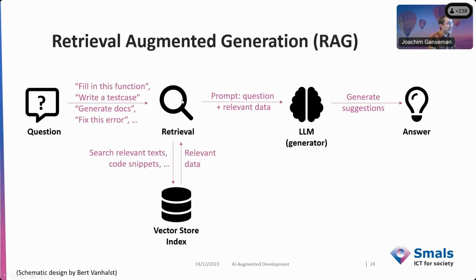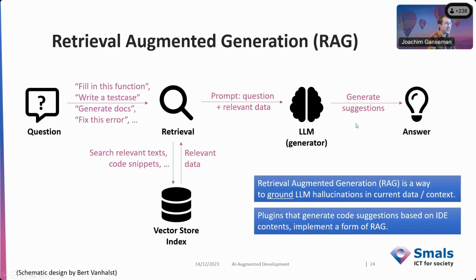Relevant snippets are collected, a prompt is constructed that contains the question and the relevant data points, and then the language model, whether it's Copilot, whether it's Code Llama or Code Whisperer, whatever, will generate suggestions. So this is an instance of that same kind of system that is used nowadays, that's very popular nowadays, and used to ground the hallucinations in current data and in current context.